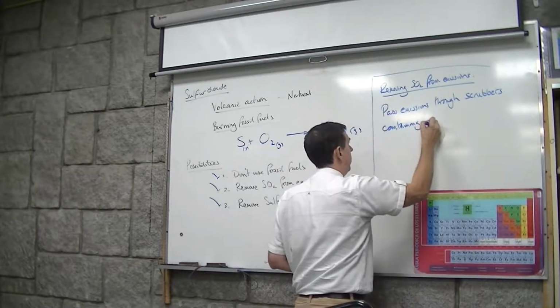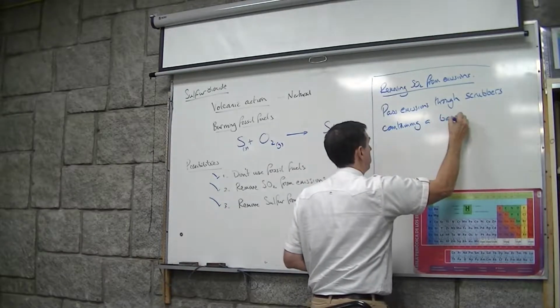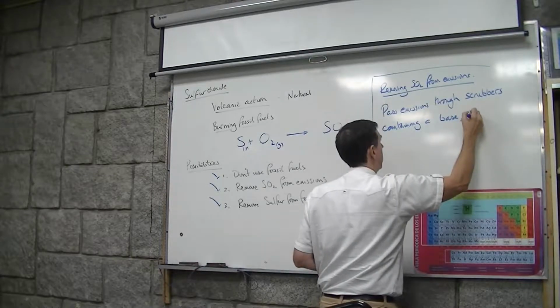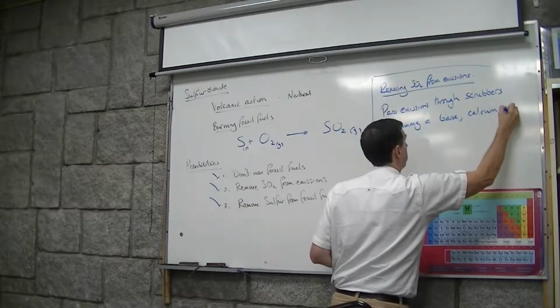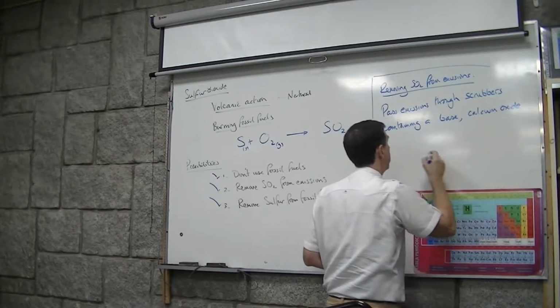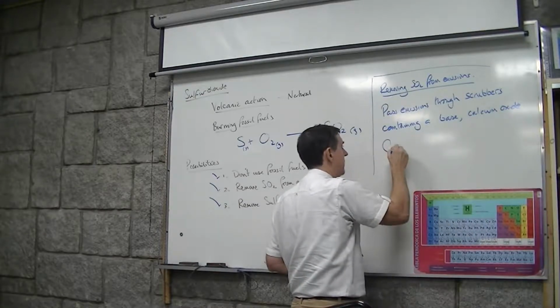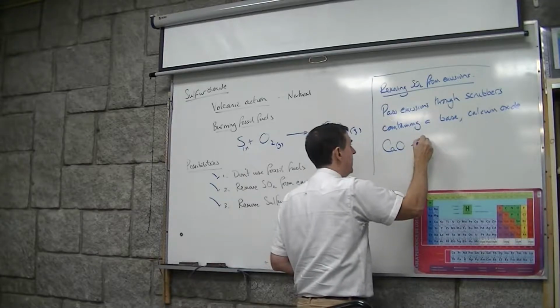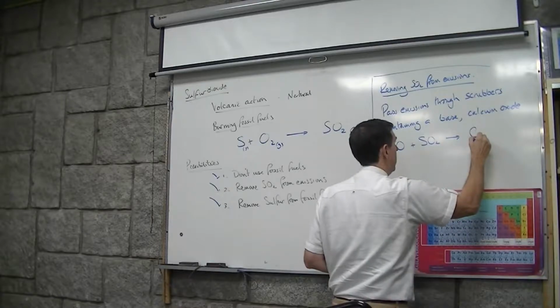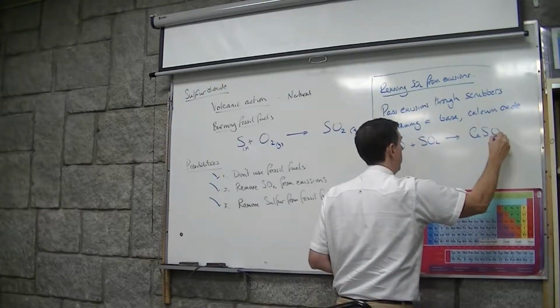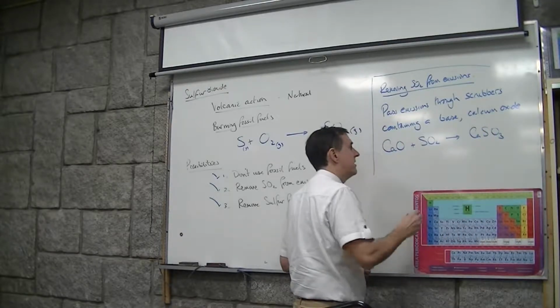Calcium oxide. So the calcium oxide, CaO, reacts with the SO2 to make CaSO3, calcium sulfite.